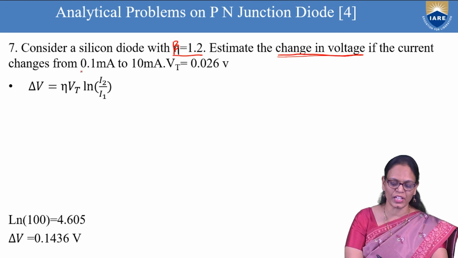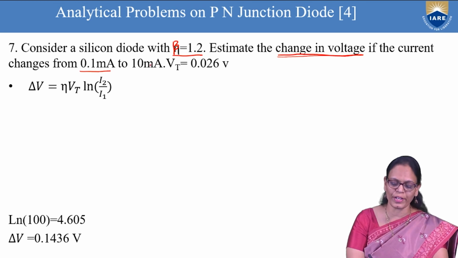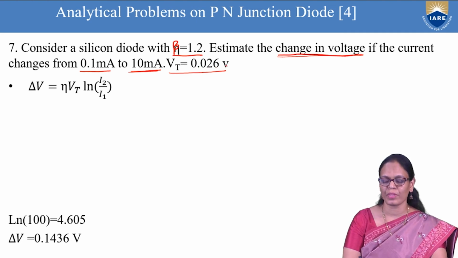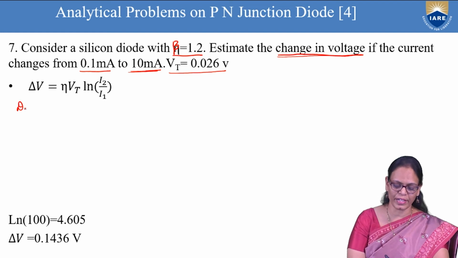If the current changes from 0.1 milliampere to 10 milliampere. And the thermal voltage is given here again. Vt is equal to 0.026 volts. Okay. So let us write the data first. The ideality factor beta is given 1.2.